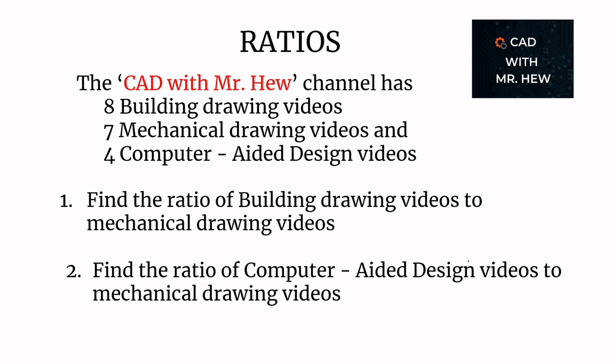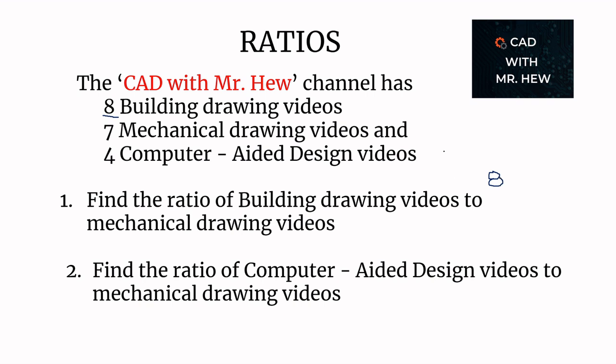All right, so what we need to do is extract the data from the question presented above. We are looking for the building drawing videos, which is 8. So the ratio would be 8. The order is important.